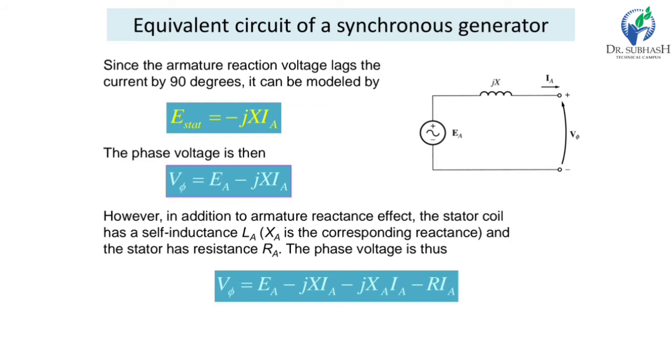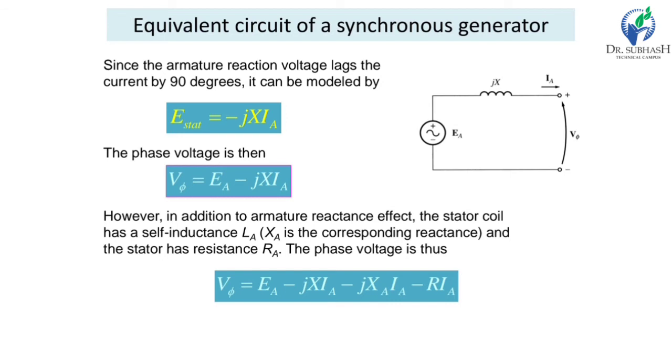Here the figure shows that the armature reaction voltage can be modeled as an inductor in series with the internal generated voltage. When the effect of the stator winding self inductance LA and the corresponding reactance X suffix A, and the resistance R suffix A are added, the relationship becomes V phi is equal to EA minus j X into IA minus j XA into IA minus RA into IA.